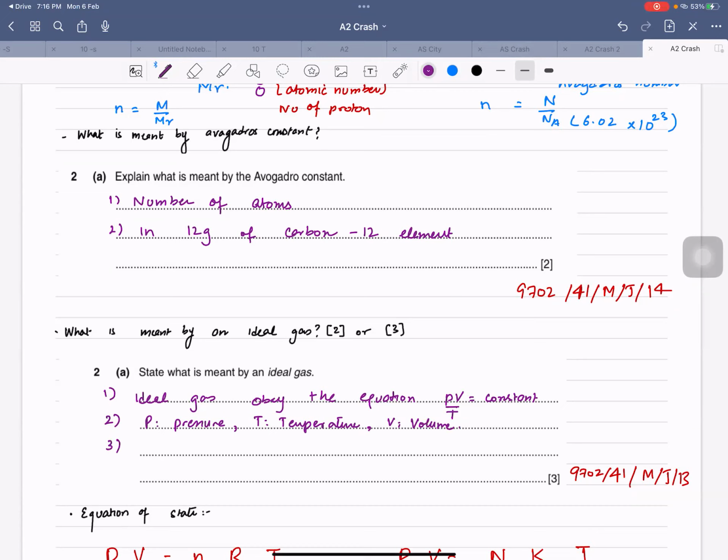The third point is you have to explain the other things. Like you should understand that at all variations of P, V, and T, the constant is always the same as well as the mass.